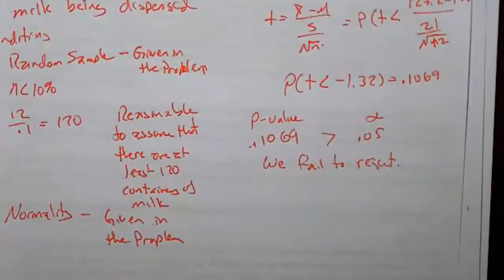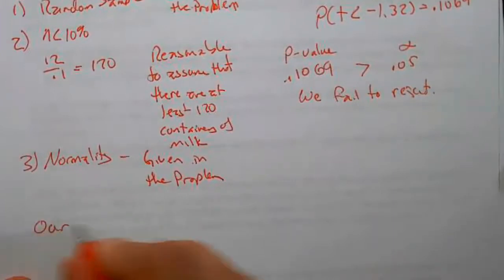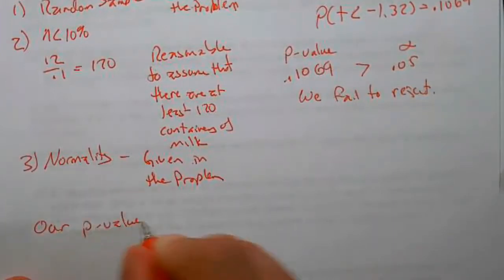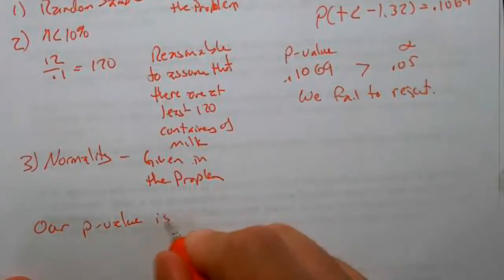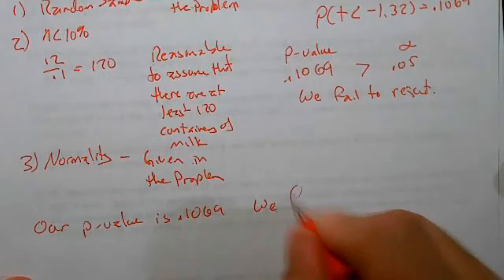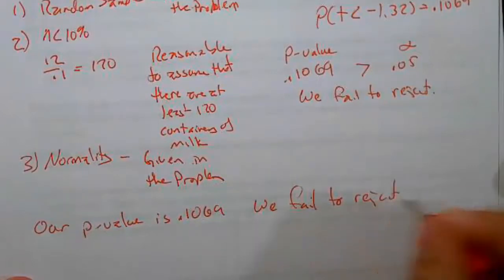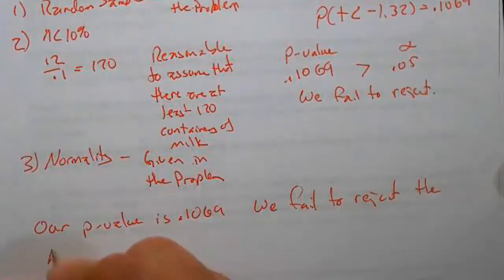All right, our conclusion. Our p-value is 0.1069. We fail to reject the null.